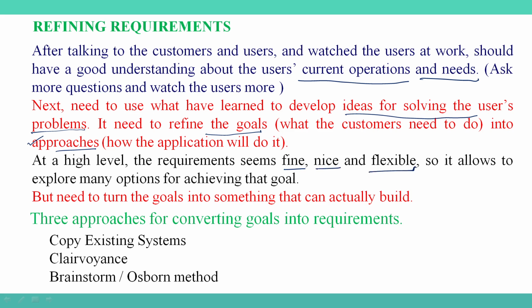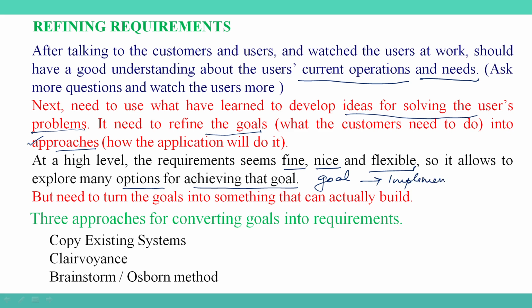It allows us to explore more options for achieving the goal. So here you are getting the goal. Then in your development, you have to find out how it is implemented or how it is achieved.